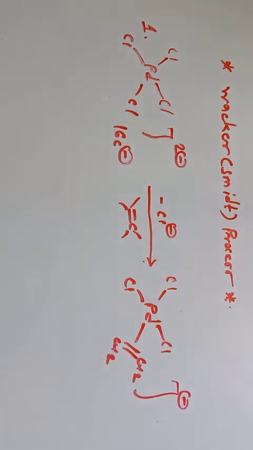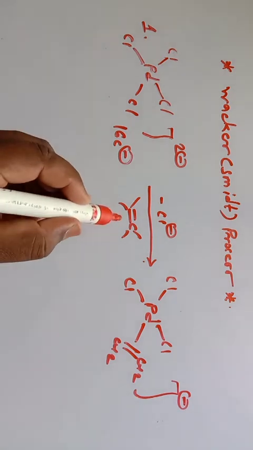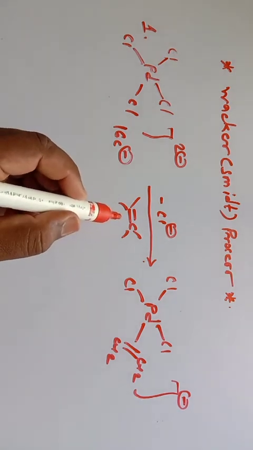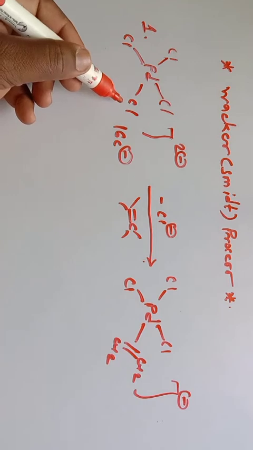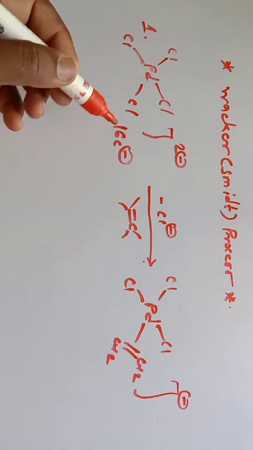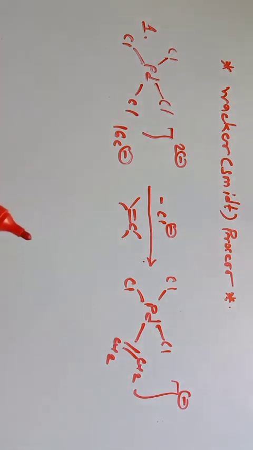In this case we count the electrons. We know that this alkene is a 2 electron donor, and therefore the chloride ion is removed, that is Cl minus, which is also a 2 electron donor.